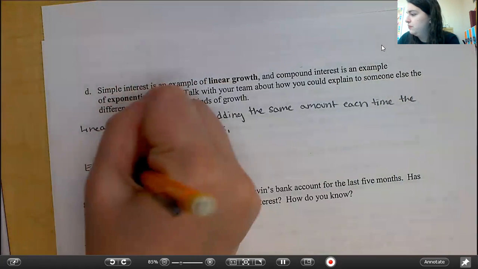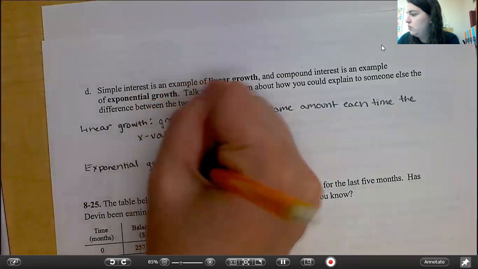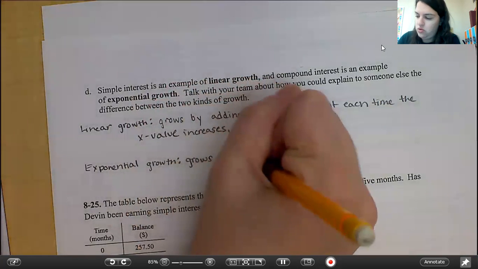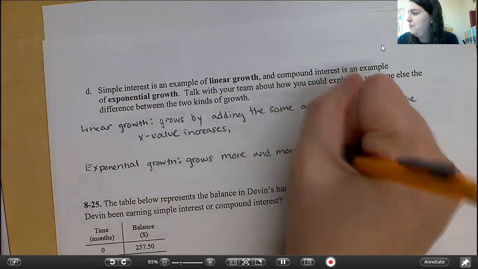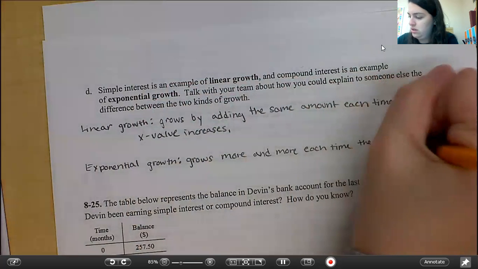Exponential growth grows more and more each time the x value increases.